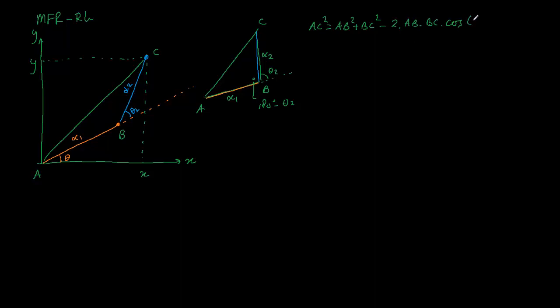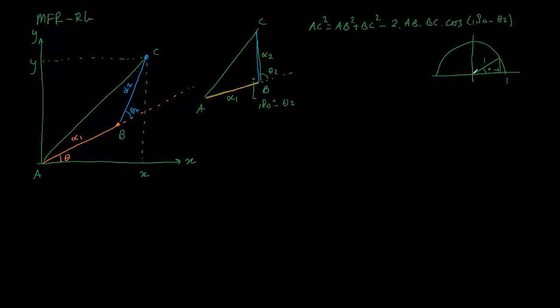That would be 180 minus theta 2. But have a look. If you make a small drawing here, the upper side of a unit circle with length 1, this is your angle theta.